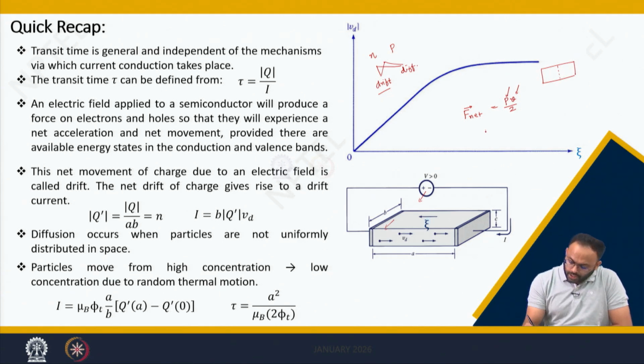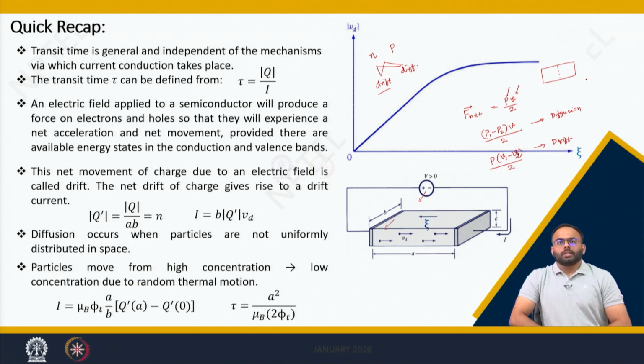If the electron or hole concentration is not the same in the material, but the velocity is the same, meaning you are not applying any external bias, then there will still be a current. This gives rise to a diffusion current. And if the concentration is uniform but you are applying voltage and hence the velocity of the charge carrier is different, then this is called drift.